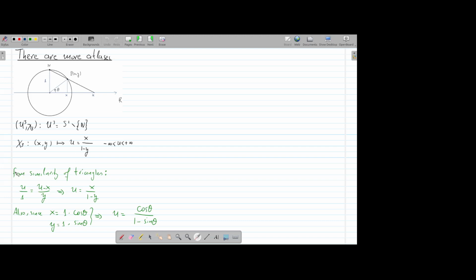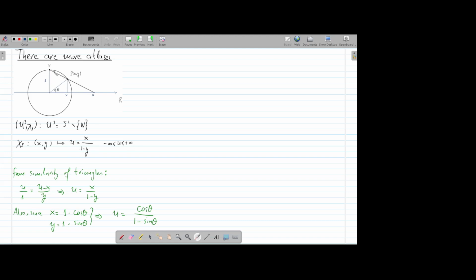So we consider U to be a coordinate of P in this coordinate system. And if you do some elementary geometry, you see that the coordinate U is connected to the x and y coordinates of the point P through this relation. You also see that U ranges from minus infinity to plus infinity.